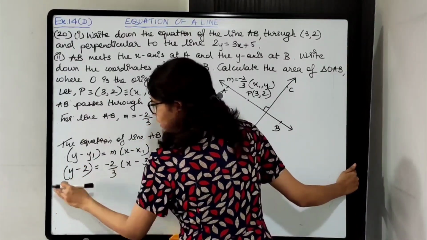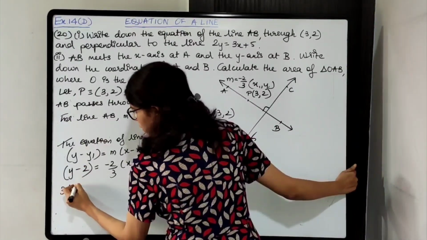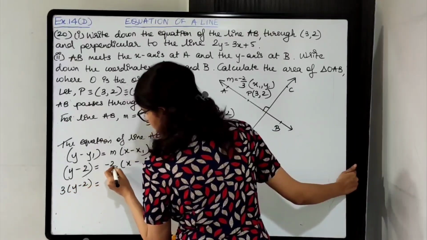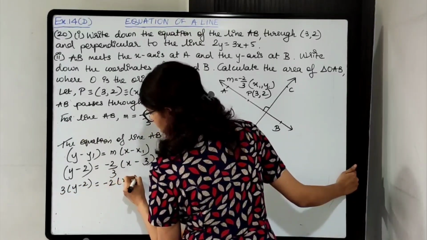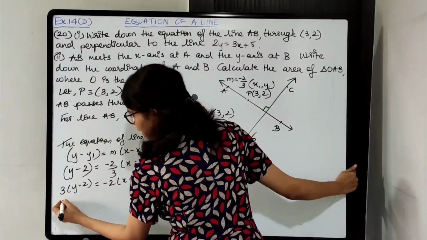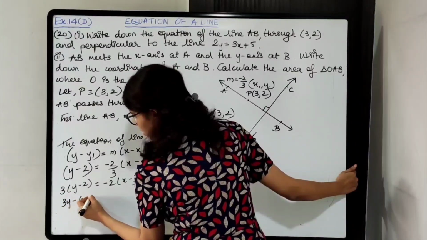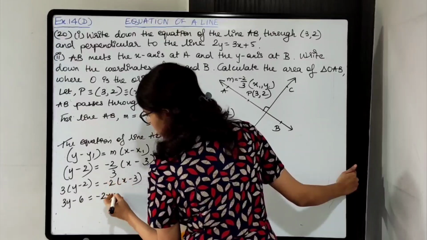Put brackets because we'll shift 3 to the other side, so multiplying, here -2 into x minus 3. Opening the brackets, 3y minus 6 is equal to -2x plus 6, since -2 times -3 is plus 6.